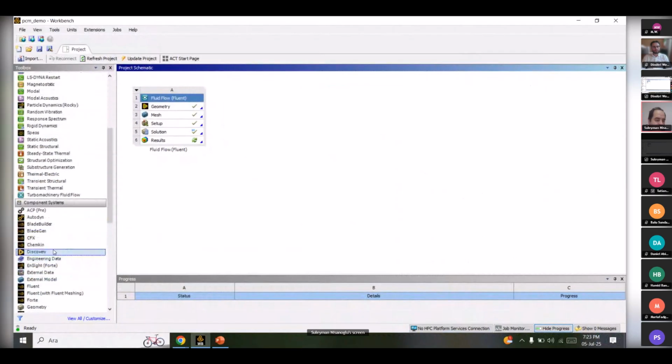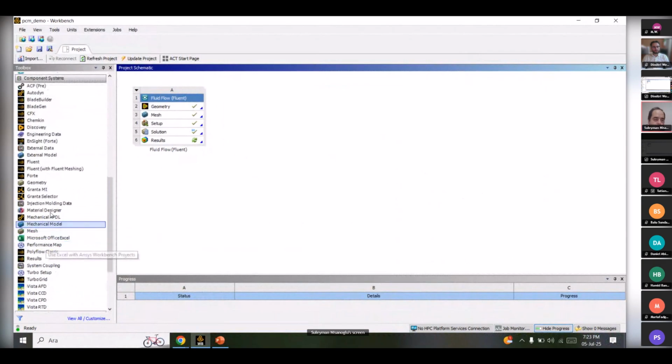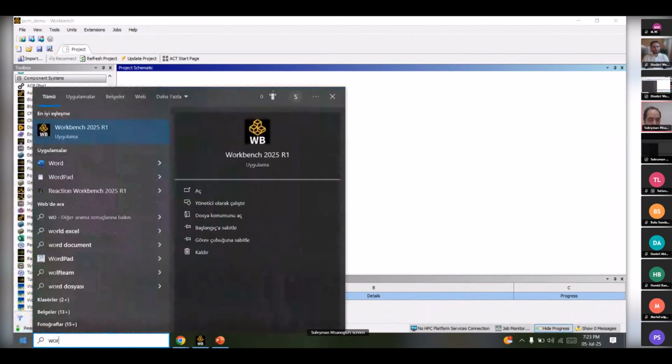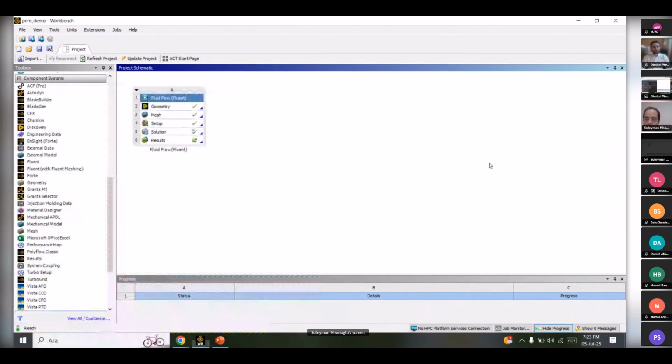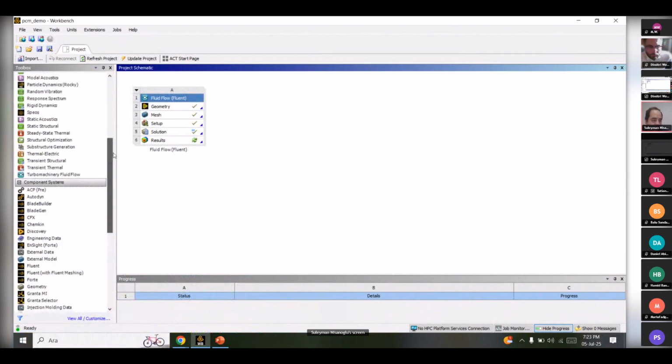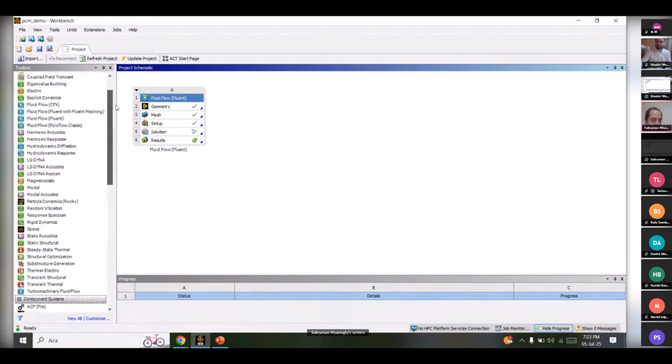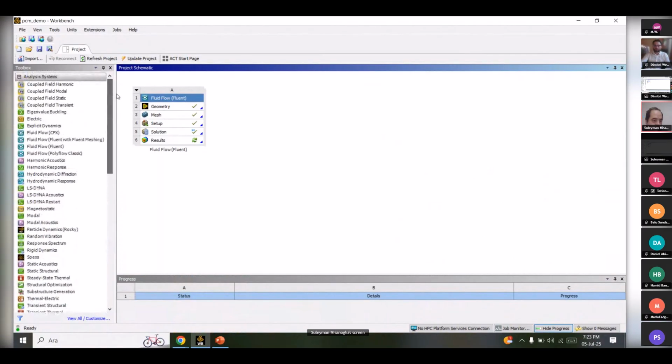Also, we can select components of the system. First of all, we need to create geometry. Workbench, here, first we open the Workbench program, and select ANSYS Fluent. Here, fluid flow Fluent.